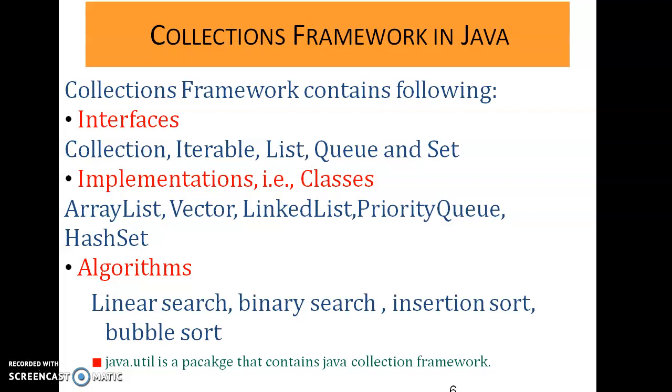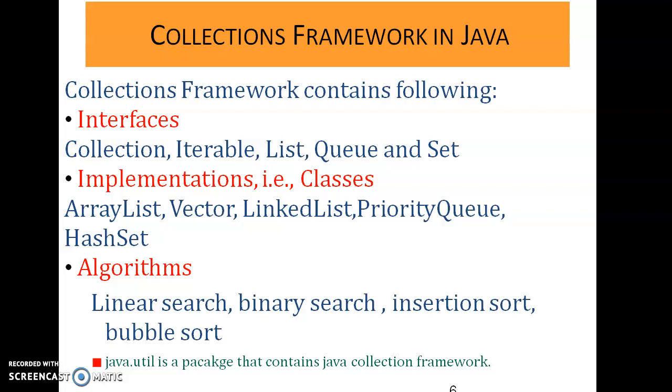The purpose of providing these interfaces is consistency in all implementing classes. Interfaces also ensure that all implementing classes can be used similarly. So by providing interfaces, collection framework ensures interoperability and ease of use.